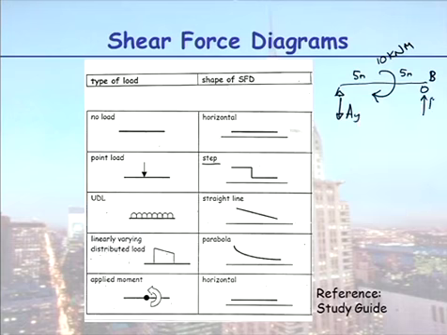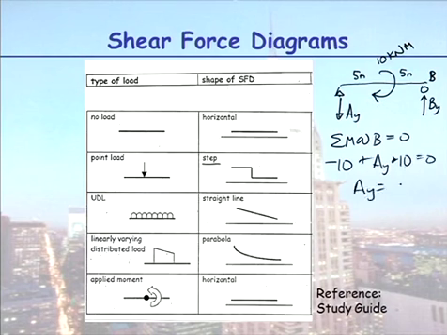So if I take moments at B, they equal 0. My applied moment of 10 is going clockwise, so it's minus 10. And then I have my reaction AY, perpendicular distance from B is 10 metres. The way that's drawn, that's going anti-clockwise, so therefore this AY reaction is equal to 1.